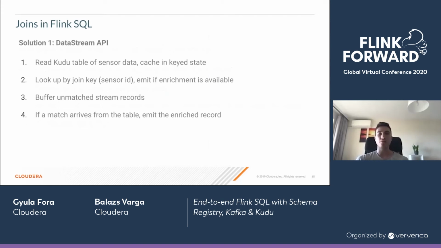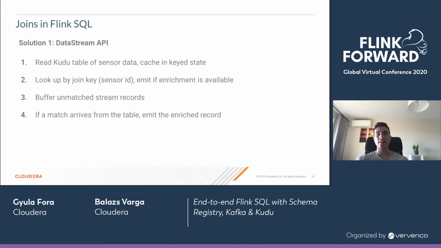The first solution with the DataStream API involves writing a custom join, which performs this caching or manages the logic of what state to keep. So whenever sensor data comes in from the Kudu table, so we're starting to read it, and when we encounter sensor data, we cache it in some keyed state. And then when a reading from the Kafka side comes in, we try to look it up in our cache and emit the join result if the enrichment is already available.